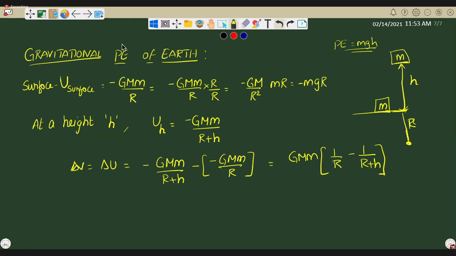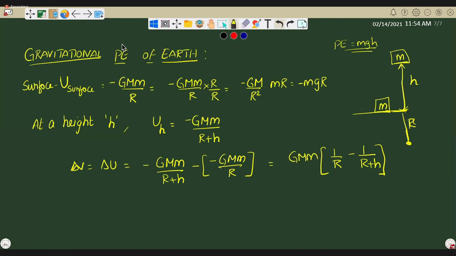And then we have found out your gravitational energy of Earth on the surface, how much it will be, and if you are taking the body to a height h, how much it will be. Understood? Then we have seen, if you have to lift a body from the ground to a height h, how much work you have to do. Clear?